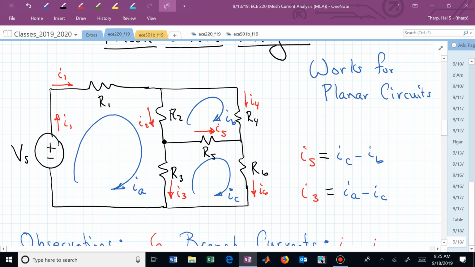Because then we sometimes will be combining our mesh currents, I sub A plus I sub B, to get the current going net down. So if you want to have this ability to check your work with some accounting, you make all of your mesh currents in the same direction. And typically I just do clockwise. But if you want to do them counterclockwise, just make them all counterclockwise. Mixing them, then no more accounting strategies.